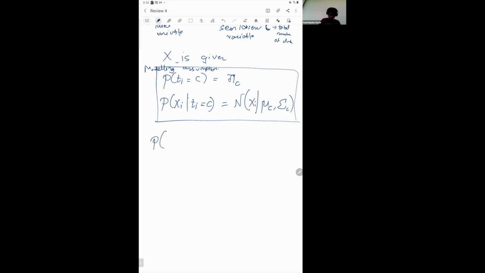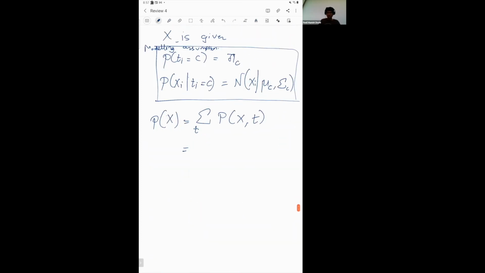So given these two values, let's get the probability of X. We can simply do marginalization over all the latent variables, which you would frequently observe. Since T is a discrete variable in a Gaussian mixture model, this is a summation over all the T's.